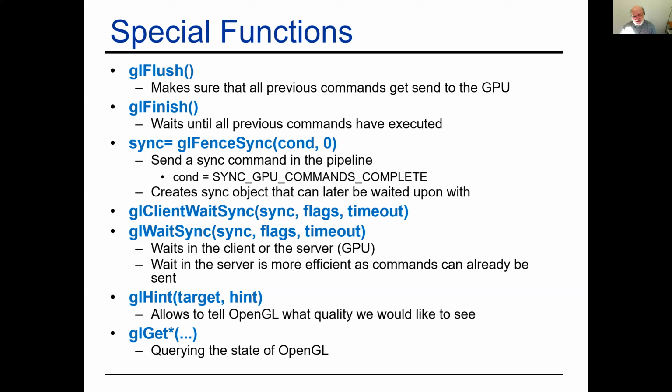However, glFlush just sends it to the GPU. It does not wait for all of the drawing to have finished. That can be done with the glFinish call, which essentially implicitly does a glFlush, but it also waits until all of those operations have been completed. And that can actually take a while because the buffer can be fairly large, and there's a lot of processing, right?